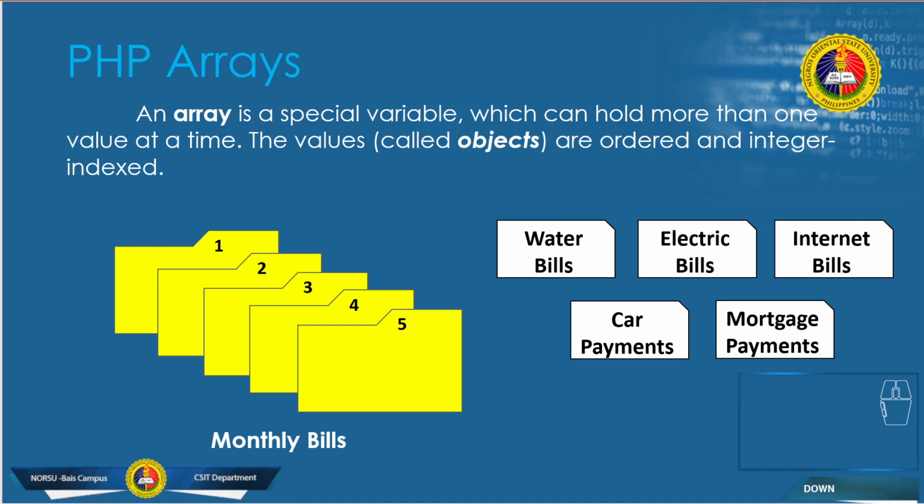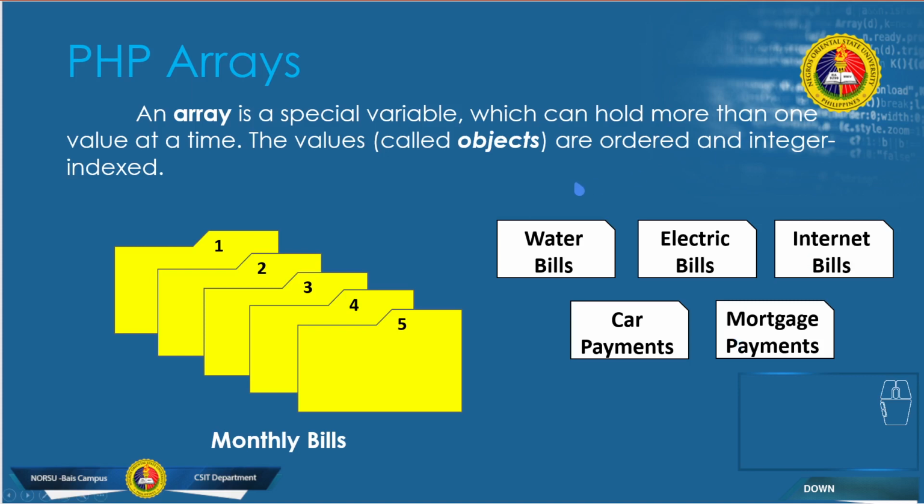So for example, we're going to arrange our monthly bills and store them inside folders. Alright, so for example, you have 5 monthly bills. We have water bills, electric bills, internet bills, car payments, mortgage, so on and so forth. So how are you going to store it? We'll be using folders.